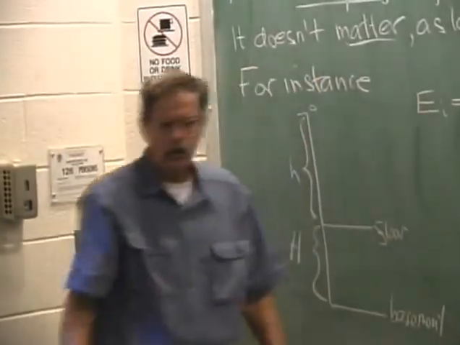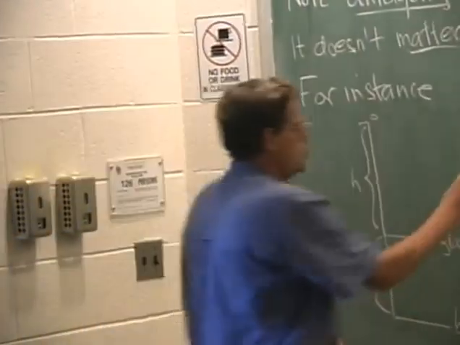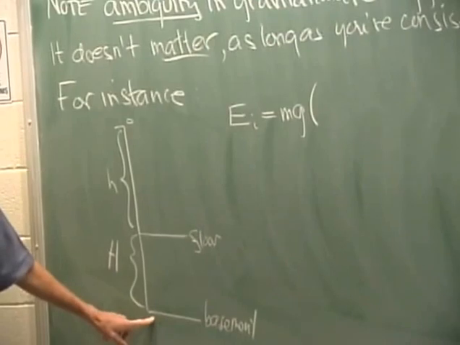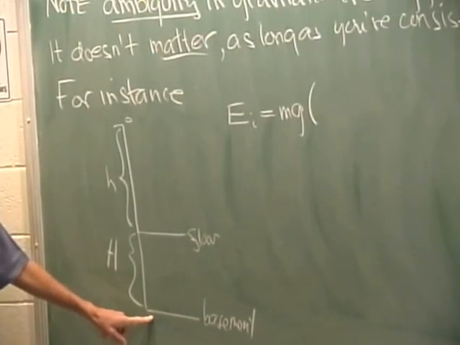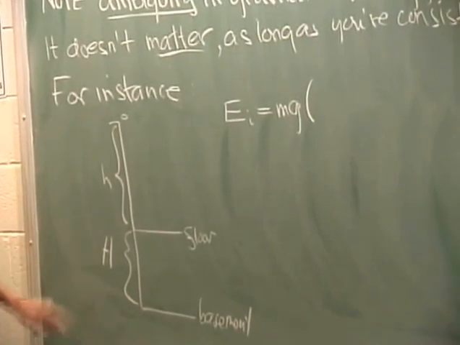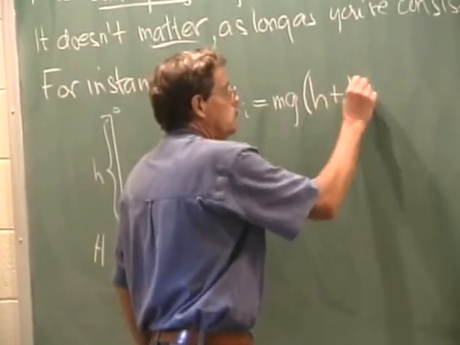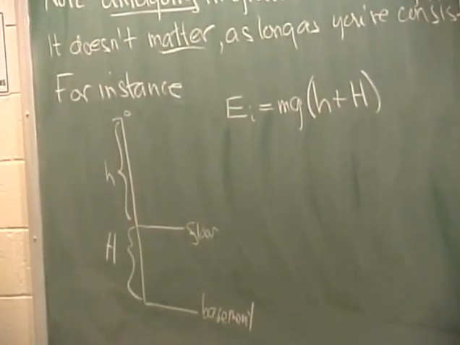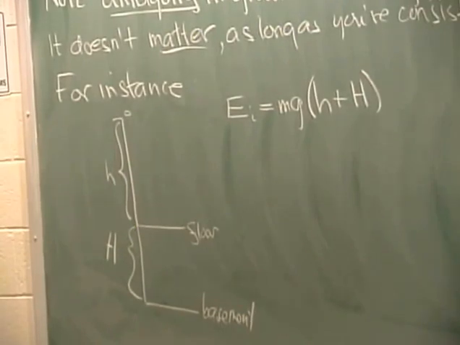The initial energy is equal to mg times the height above the subbasement, h plus capital H. Initial gravitational energy when I do the problem over here.